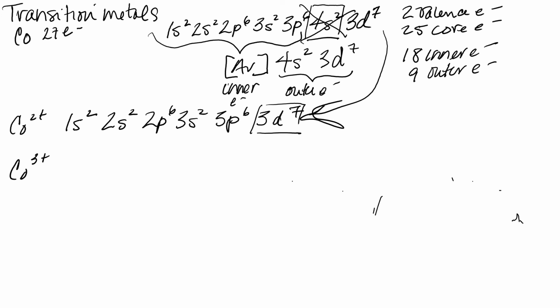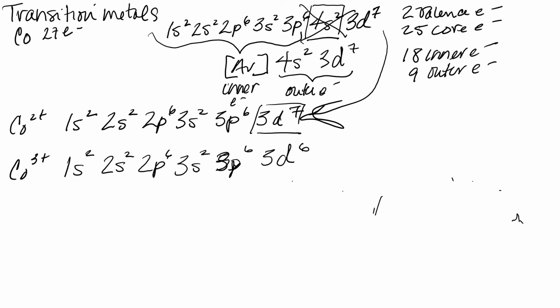So the configuration for cobalt 3+ is 1s2, 2s2, 2p6, 3s2, 3p6, 3d6. Okay? Valence electrons lost first.